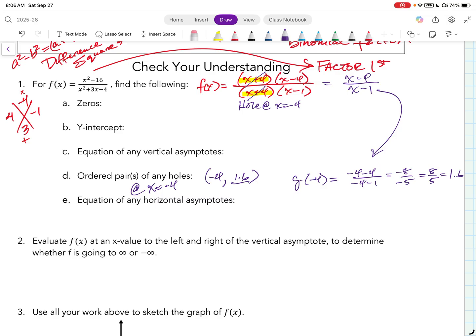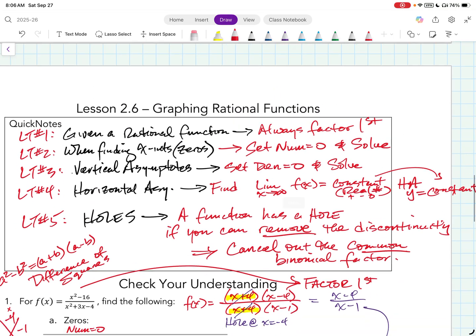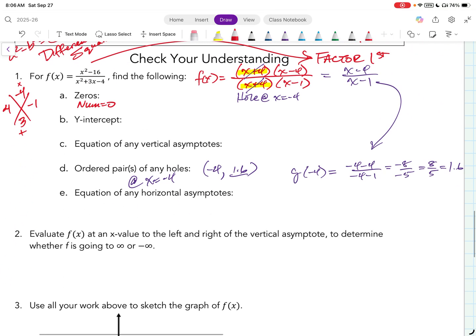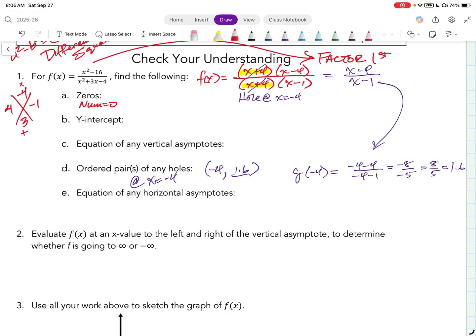Now zeros, this is where the numerator is equal to 0. Go back up to the very top. When finding zeros, just set the numerator equal to 0 and solve. So x minus 4 equals 0. So I have an x-intercept at 4, exactly at 4 comma 0.